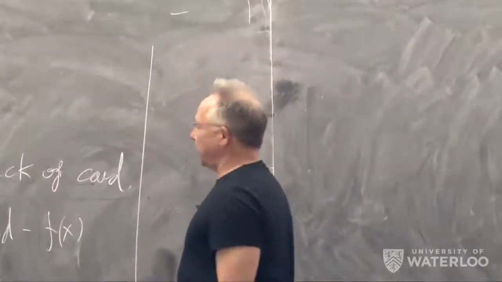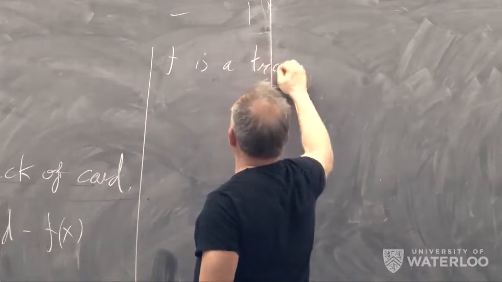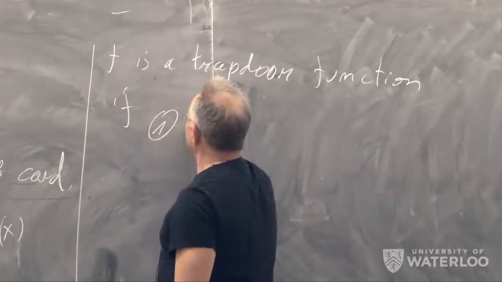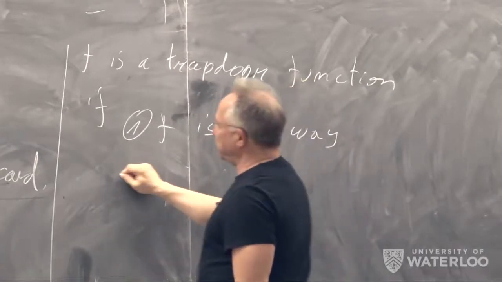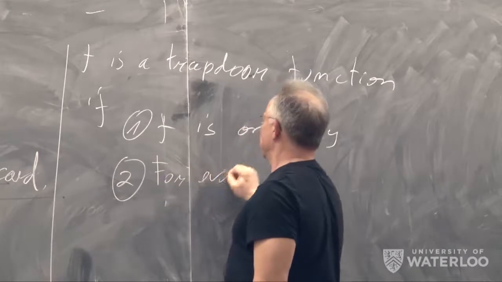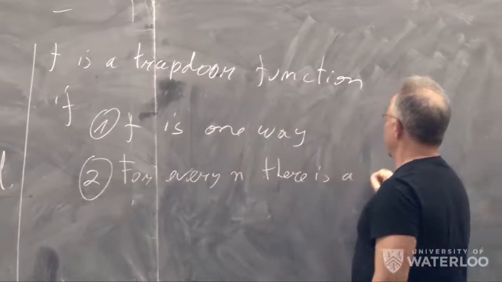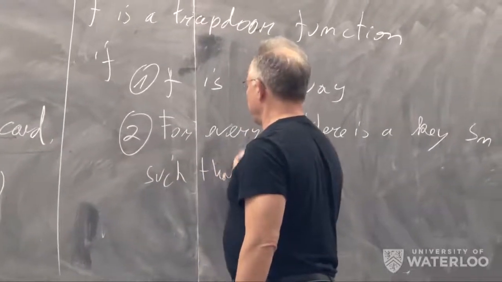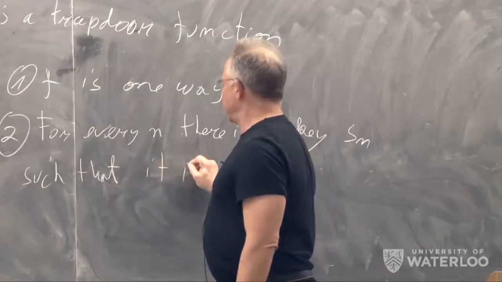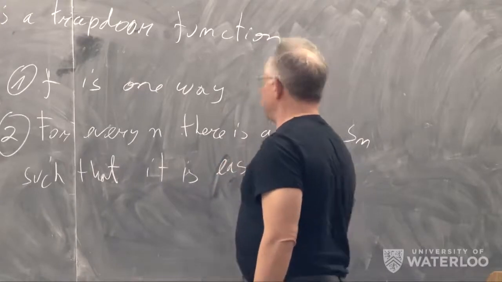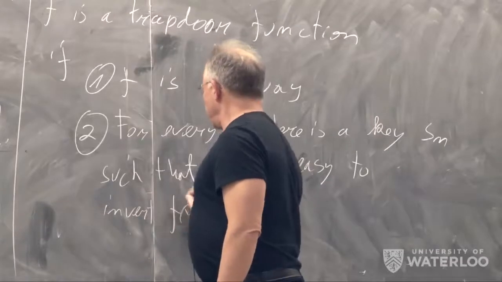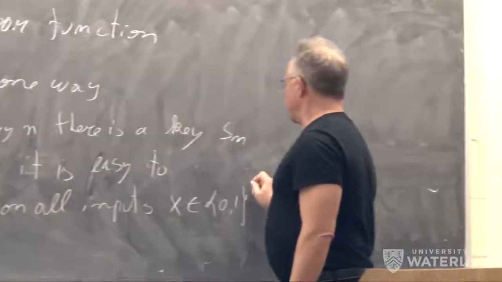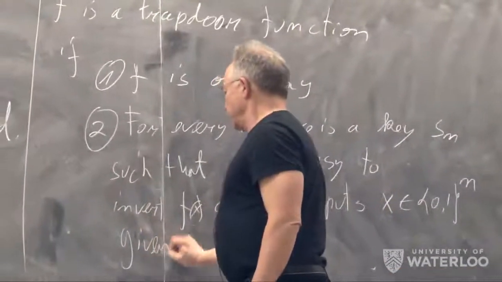So f is a trapdoor function if one, f is one-way, but two, for every n, there is a key s of n such that it is easy to invert f of x on all inputs x which are binary strings of length n, given s of n.